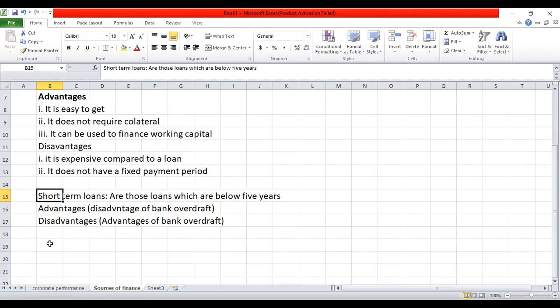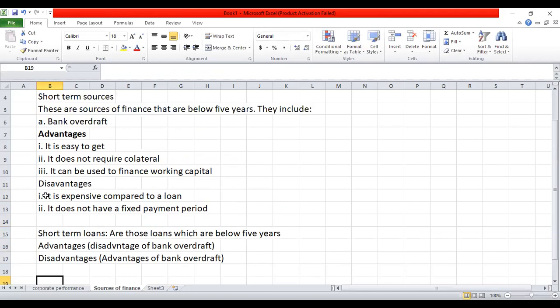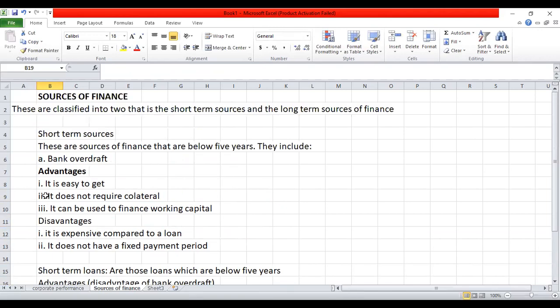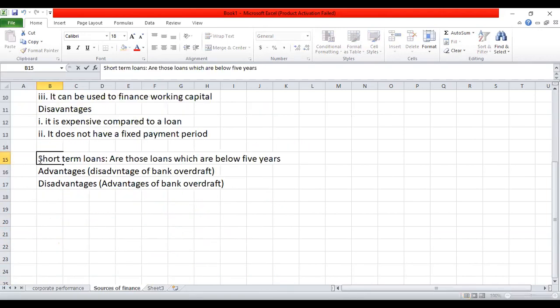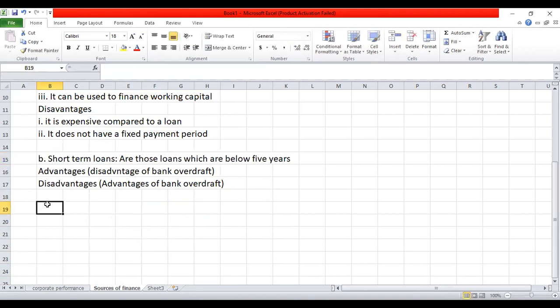So another type, this was B. Another type here is trade credit.